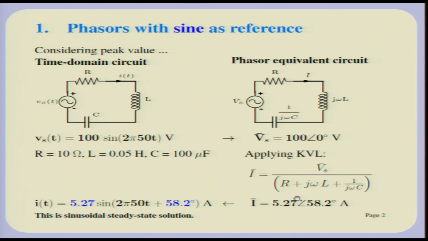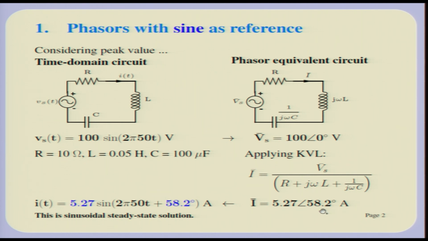For example, the phase shift caused by R plus j omega L plus 1 upon j omega C, you can quickly evaluate it and see tan inverse of omega L minus 1 by omega C divided by R is going to be in fact minus 58.2, and therefore, the current in fact will be 58.2 degrees leading the voltage. So, this is what we actually get.